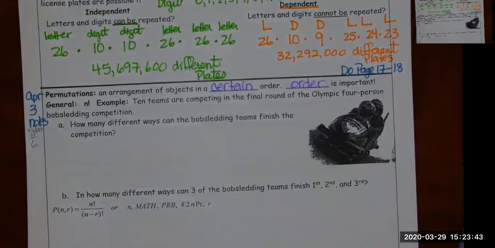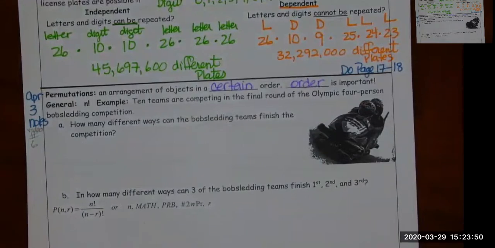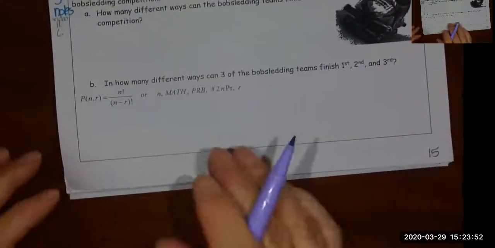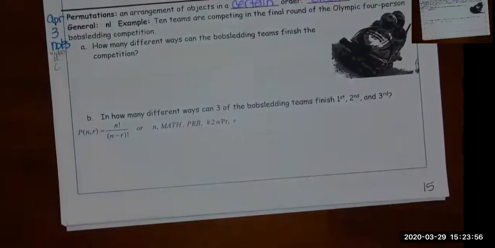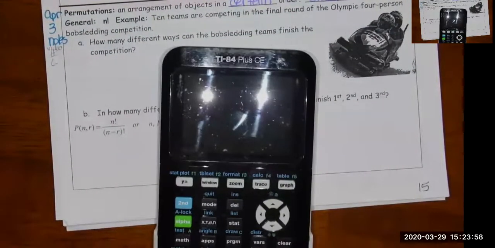In general, n factorial is how we figure out how many ways there are. What does a factorial mean? Factorial is in your calculator. Let me show you a couple of things before we get started.